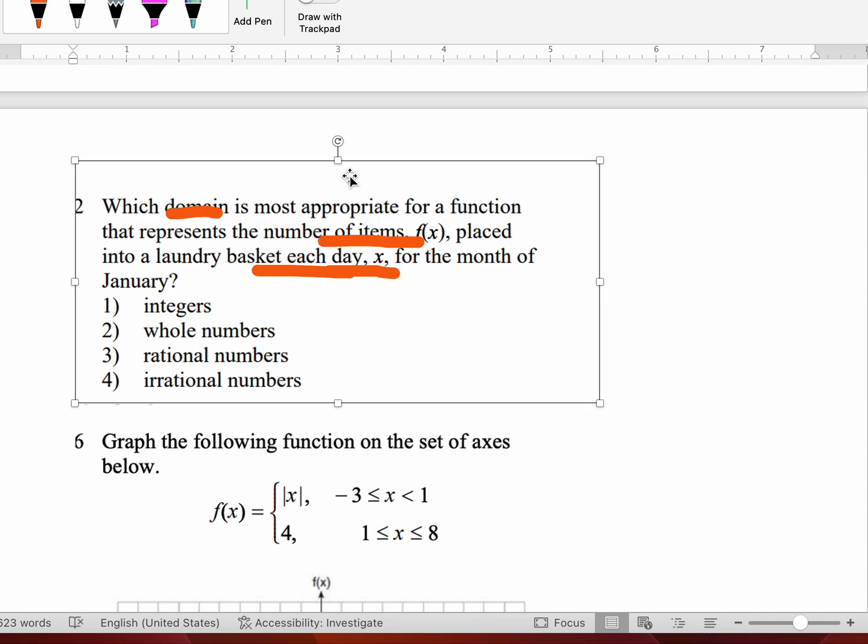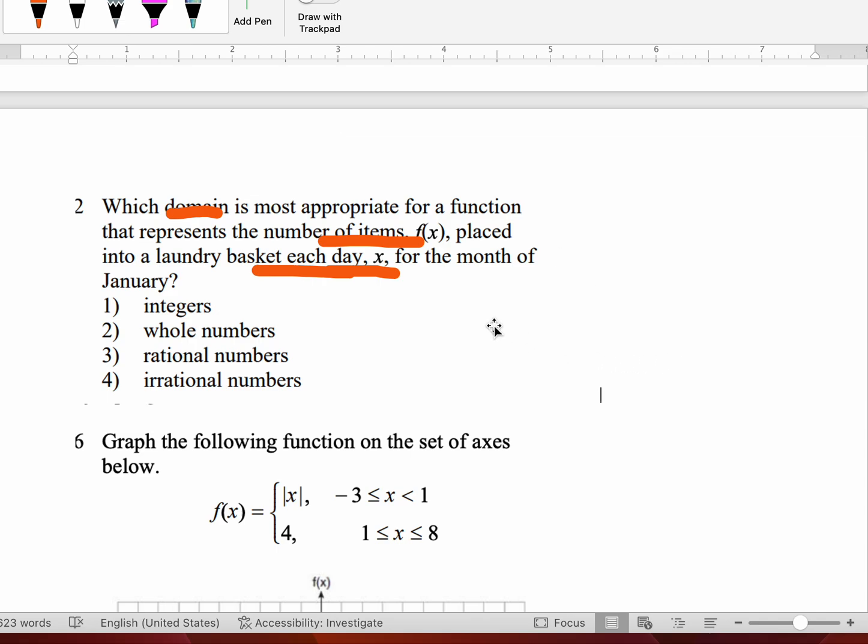In this case, because it's not saying half a day, it's saying for each day, it's not going to be an irrational number of days. It's not counting half days. Although you might have a question that does count half days, it's counting full days. So we're going to have whole numbers.